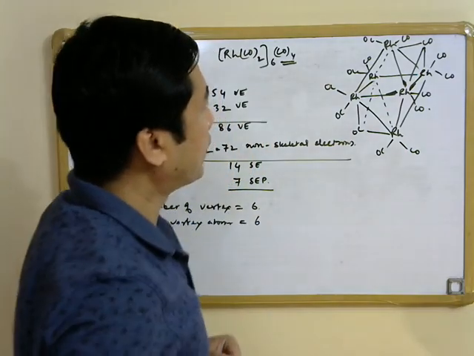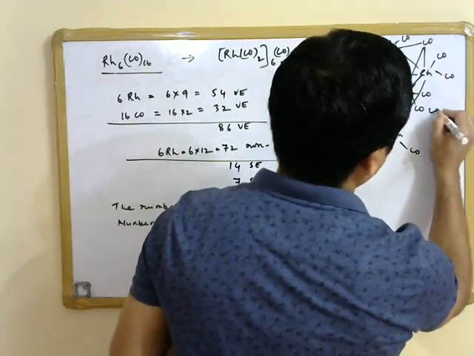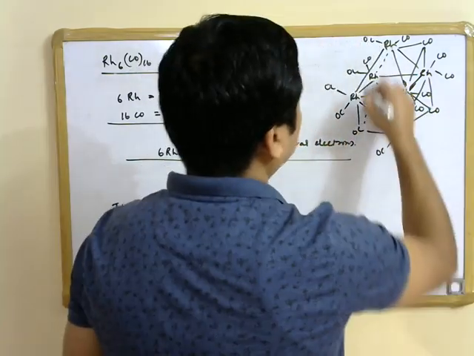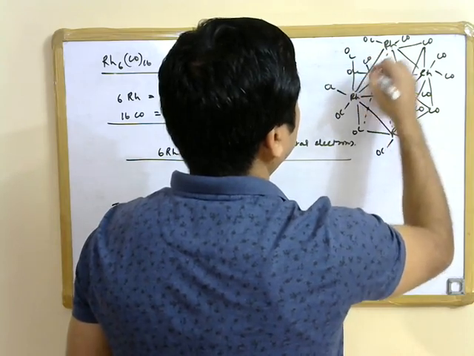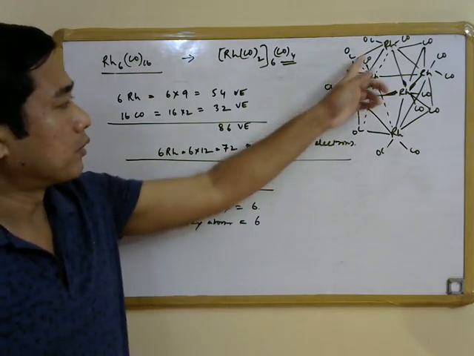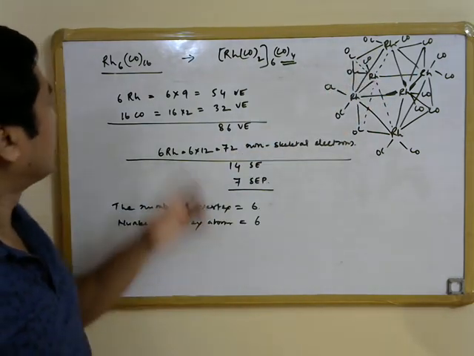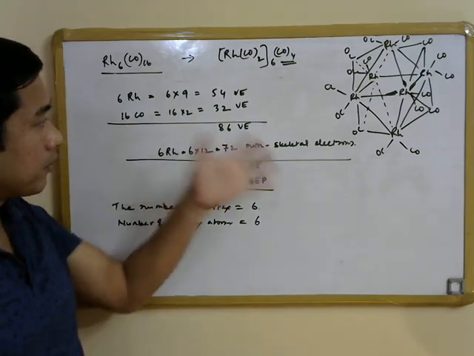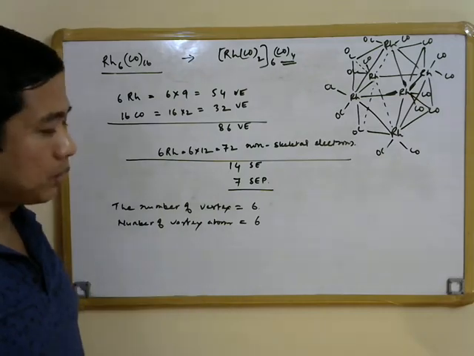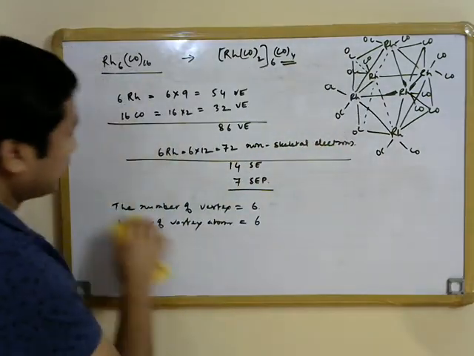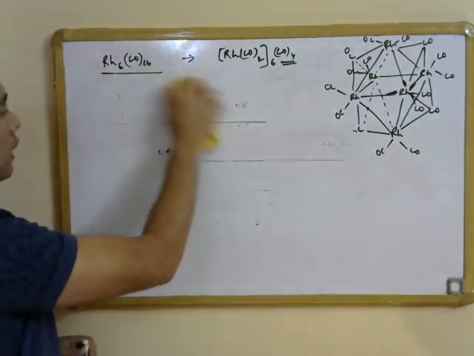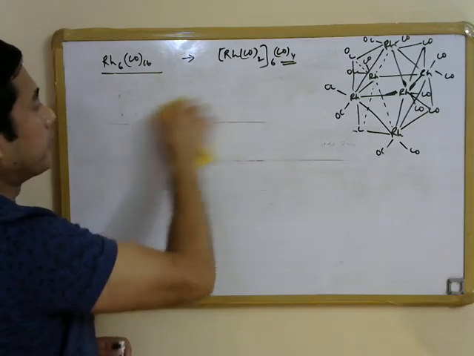So that is another carbonyl ligand, and then we have also one carbonyl ligand over here, a bridging carbonyl, and then another bridging carbonyl ligand on this triangular face over here. So that is the structure of Rh6(CO)16, and that we can predict by using electron counting, using Wade's rule. So in this way we can predict the structure of metal carbonyl clusters as well by using Wade's rule.